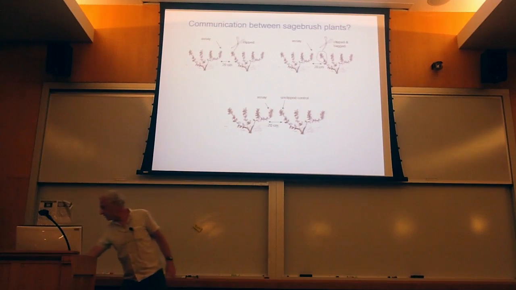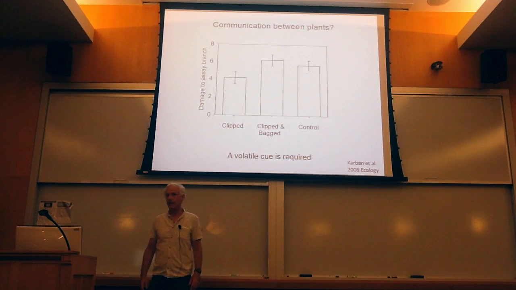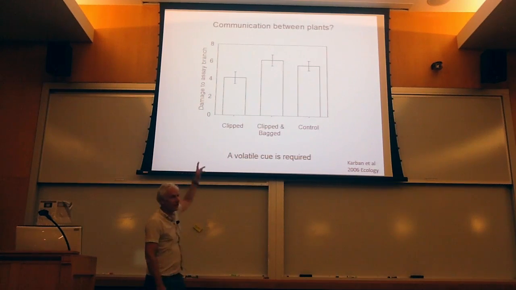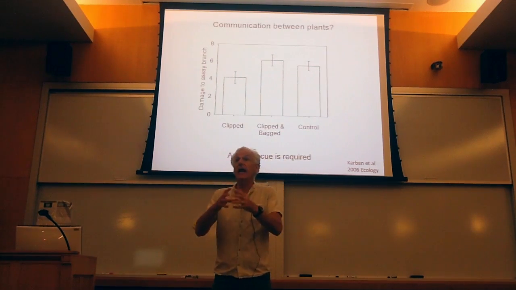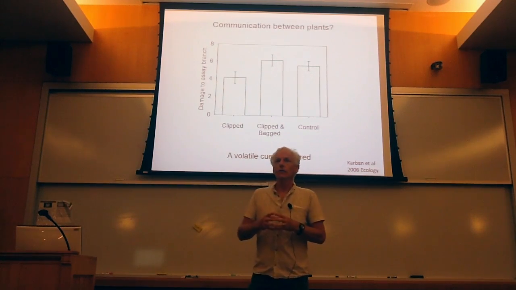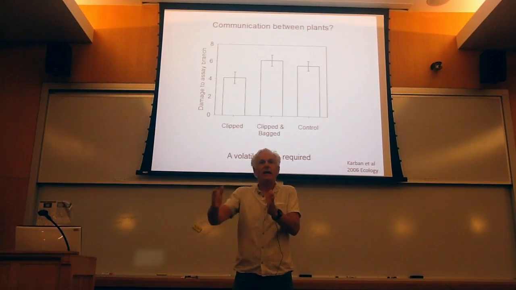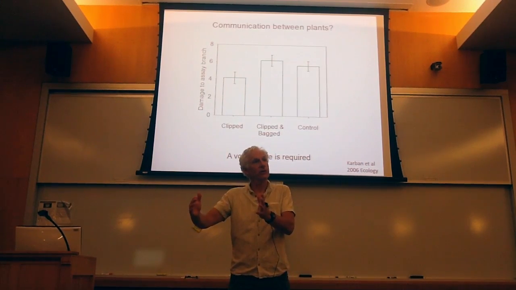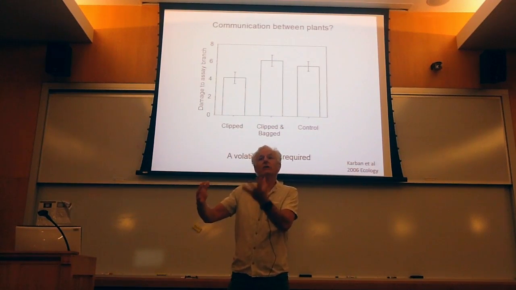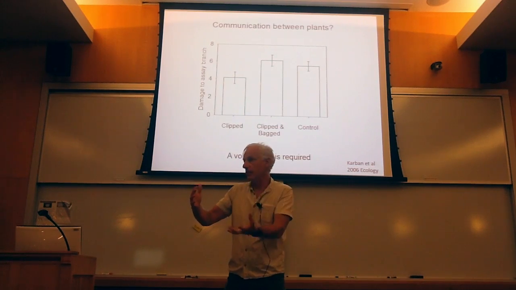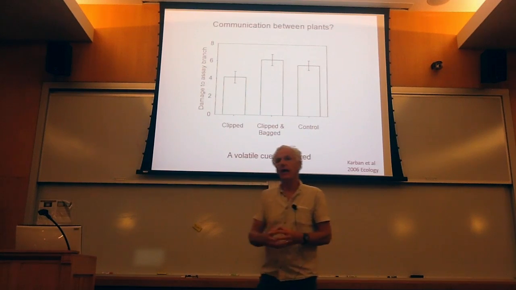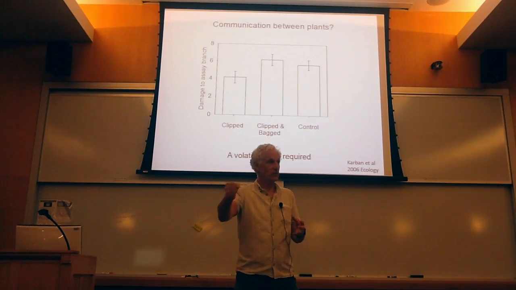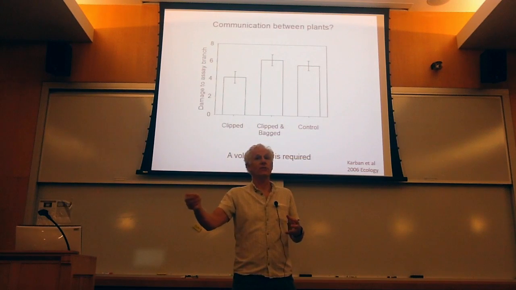And what I'm measuring here is the amount of damage caused by herbivores to the assay branch. And what I find is that the assay branch that's right next to a clipped branch experiences less damage by herbivores throughout the growing season, relative to the branches near the clipped and bagged branch or the control that was never clipped.